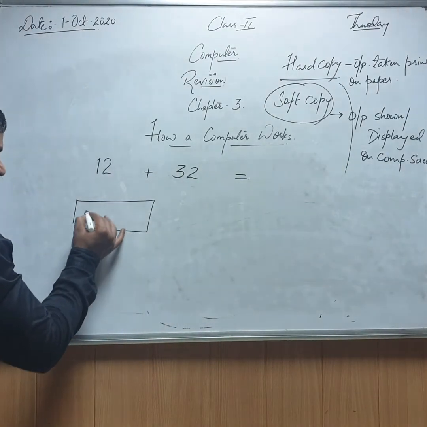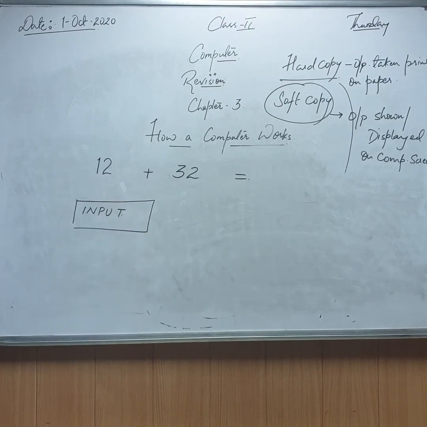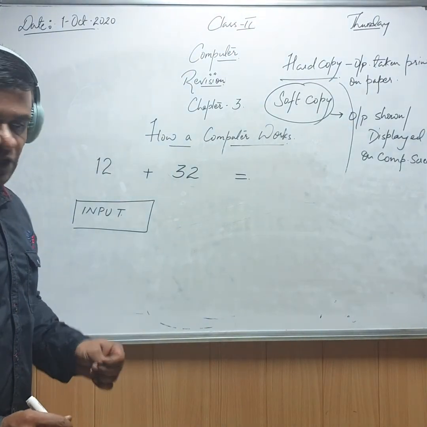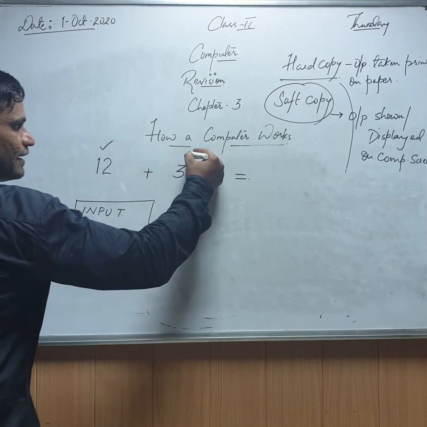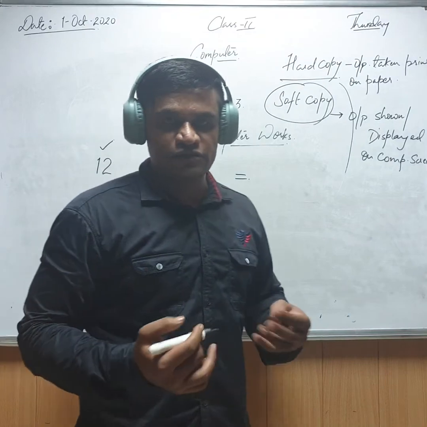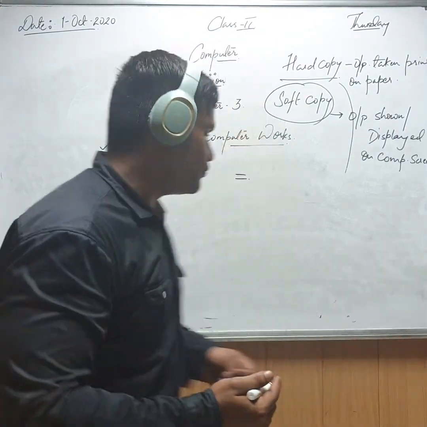First, as I told you, the first step is providing the input. We have to provide the data to the computer for processing. So the data which we will use is the numbers 12 and 32. These are the numbers which we have to add. Yes or no? We are providing 12 and 32 to the computer.